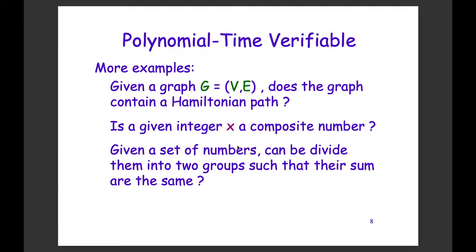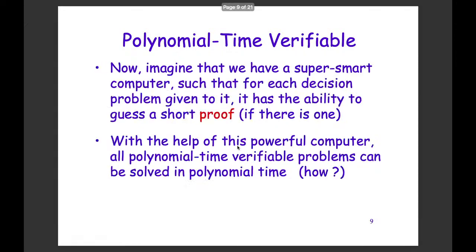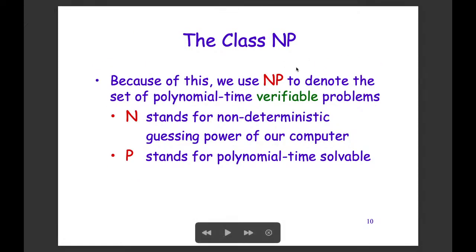Then we just need to focus on the checking part, whether it can be done in polynomial time. All these problems we call NP problems. Recall, this is important: the N part means the guessing power. It has polynomial time checking with super smart guessing power.